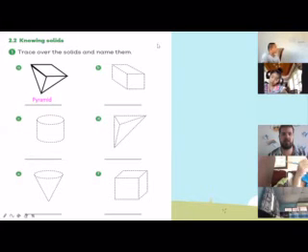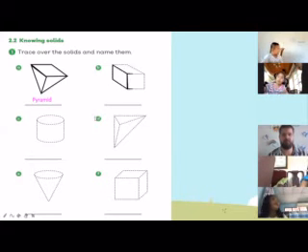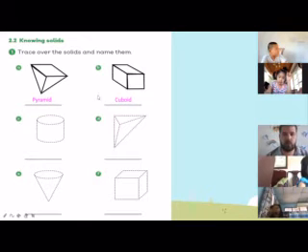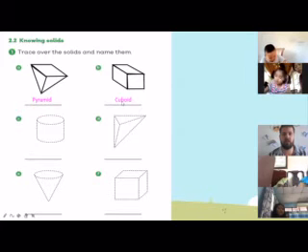Okay, next, let's do B. So we're going to trace the shape for B. And B is called a cuboid. Cuboid. So I'd like you to write the word cuboid. Spell cuboid, it's C-U-B-O-I-D.